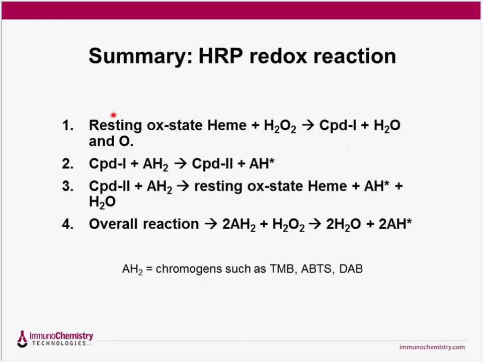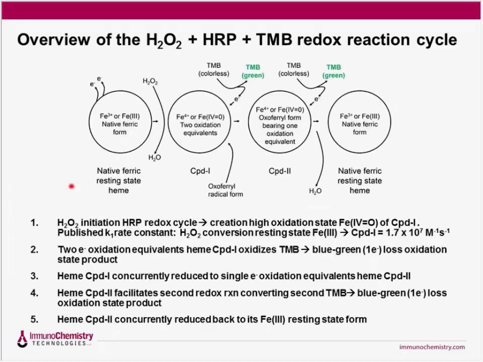So this is how you get the full cycle of oxidation and then reduction back to its initial starting point. The overall reaction is 2 reduced substrate molecules plus hydrogen peroxide yielding 2 waters and 2, in this case, green TMB oxidized molecules. This is kind of a global view of the redox reaction that's conducted by HRP and its substrates.